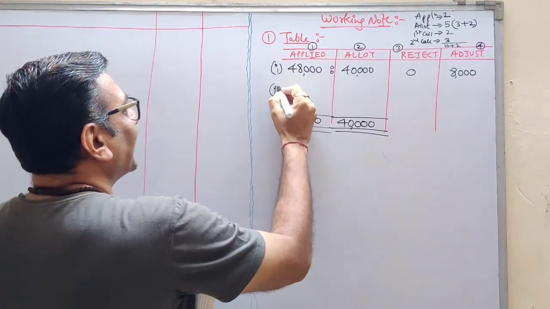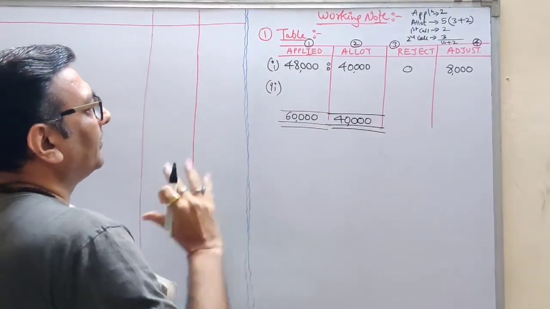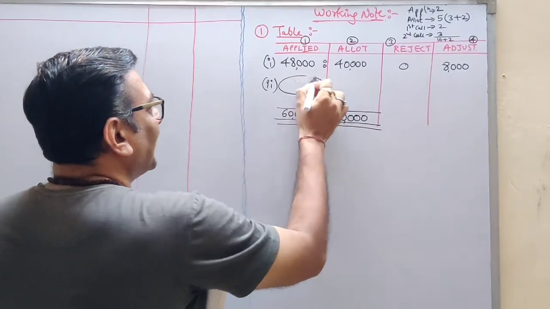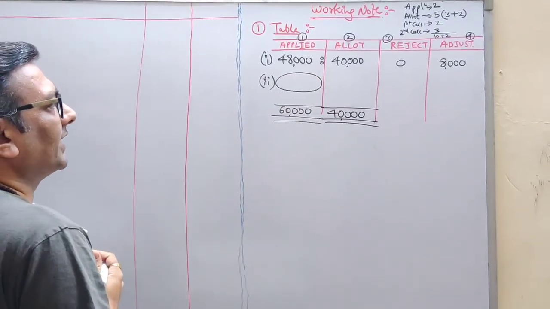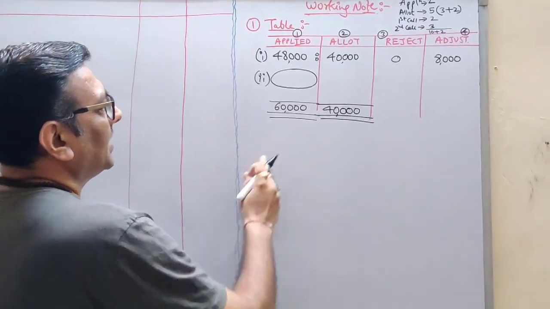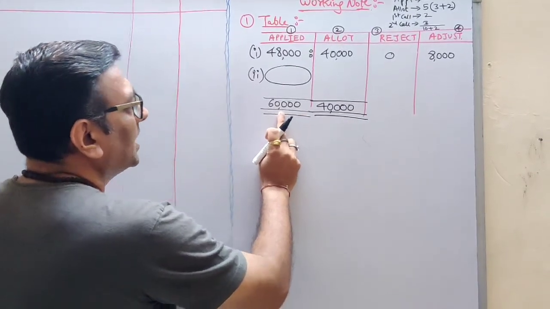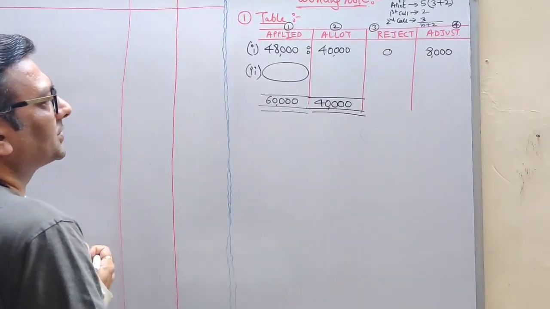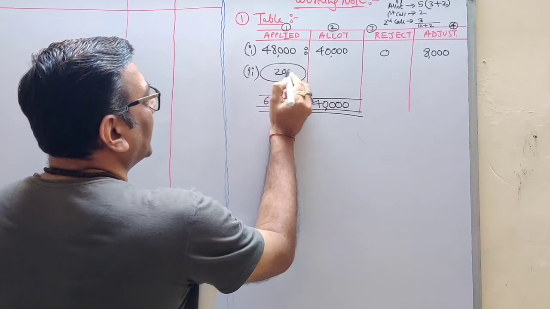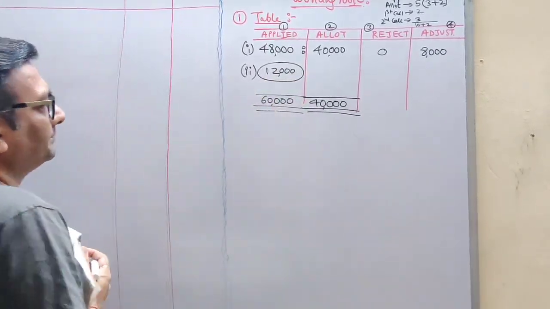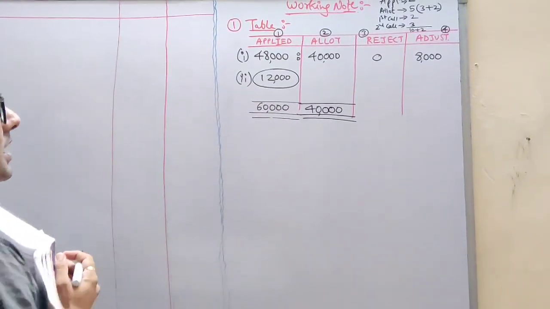Now, remaining applications got refused. So how much is remaining application, students? Can you find this? Yes, very easy. From total application, you minus pro rata applications. So remaining are 12,000. Correct?